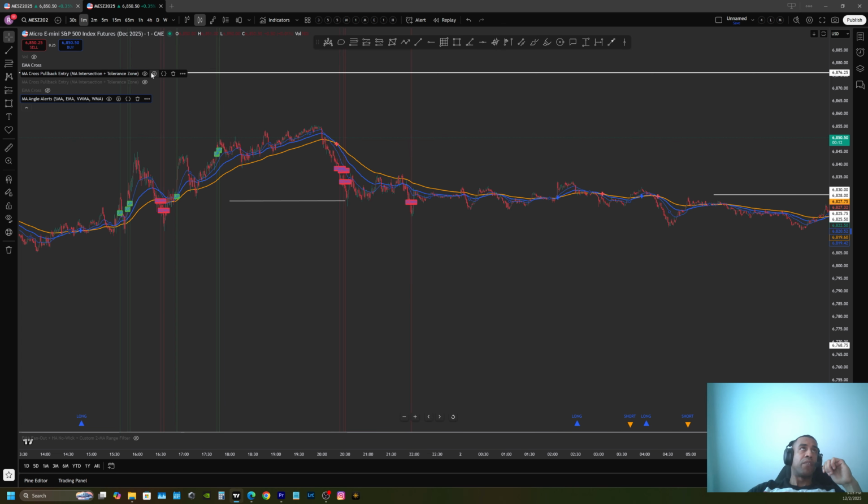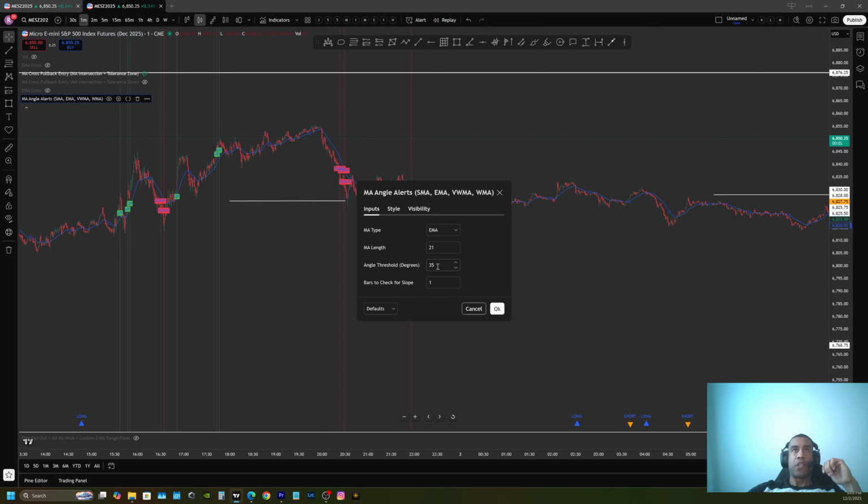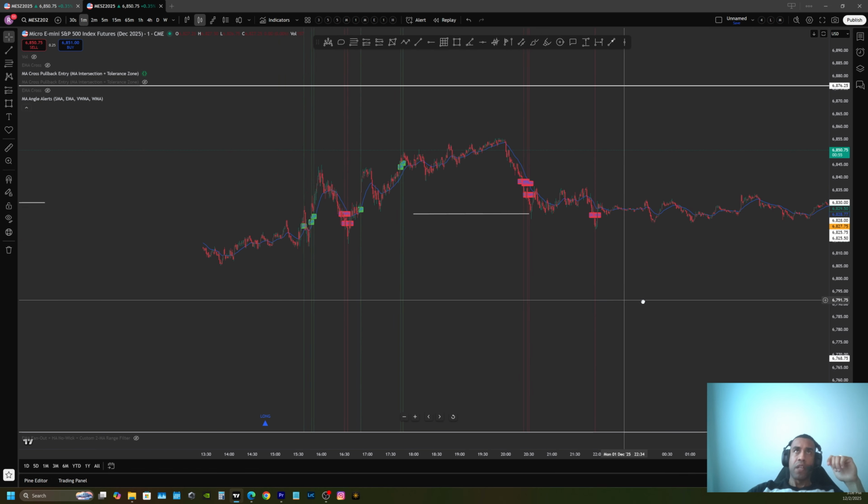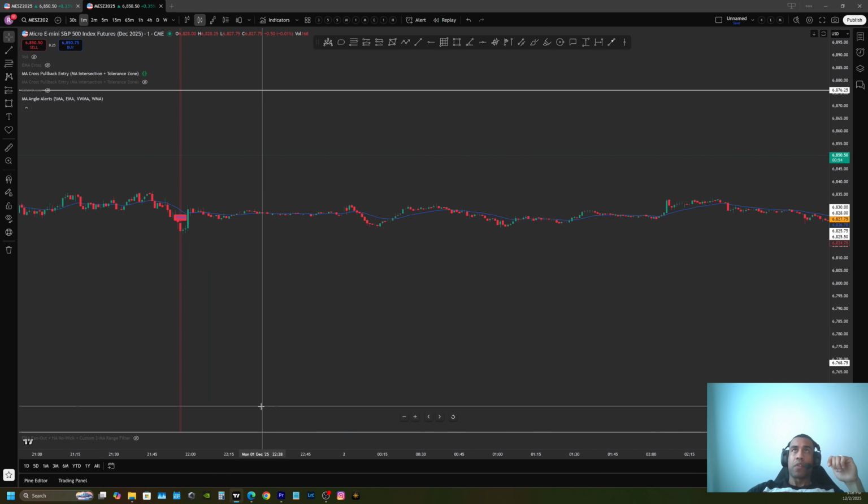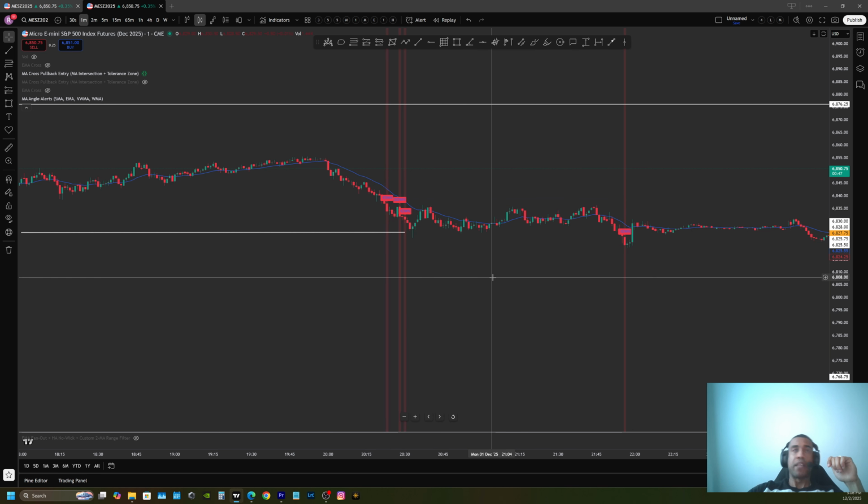And then let me remove this one so you get a better idea. Okay. So right now, these settings are 21 EMA, 35 degrees angle, 1 bar to check for slope, okay? So for example here, once you get a down bar, you wait for a slight pullback closer to the EMA, and then you enter, okay?